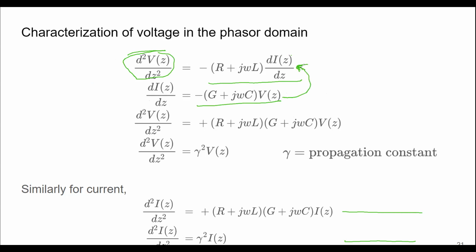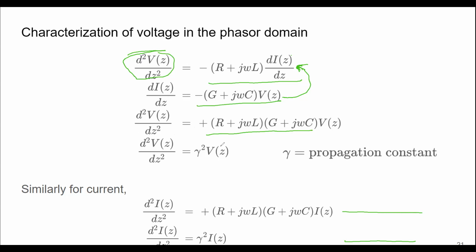We are trying to find the relationship for the voltage and we want to remove the IZ term. So in order to remove the IZ term, we substitute the term for dIz over dz into this first equation, and by doing that, we get this expression for the voltage relationship.